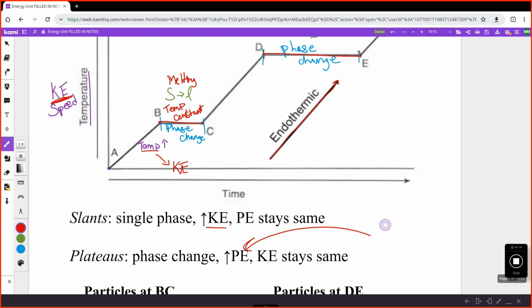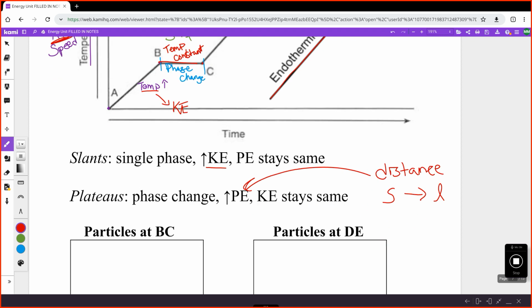How should we think of them? Potential energy is the distance between the particles. When you go from a solid into a liquid, the distance between those particles does change. It increases in a melting situation. And that's kind of what we deal with when we deal with an endothermic chart.